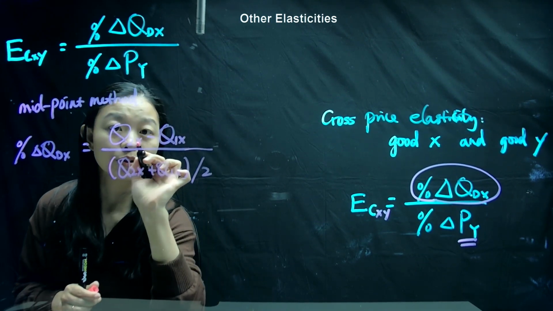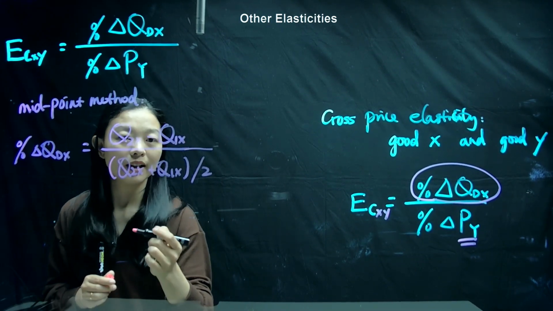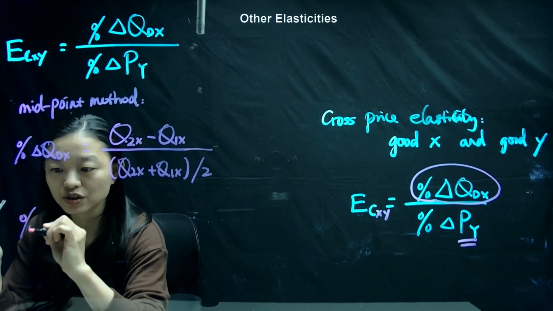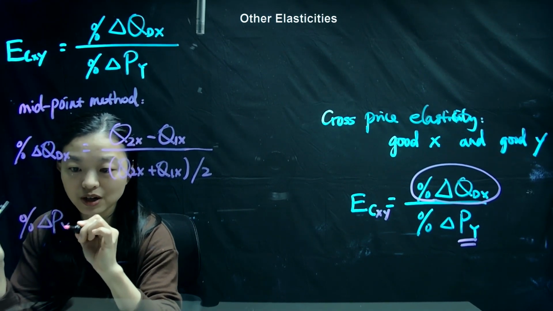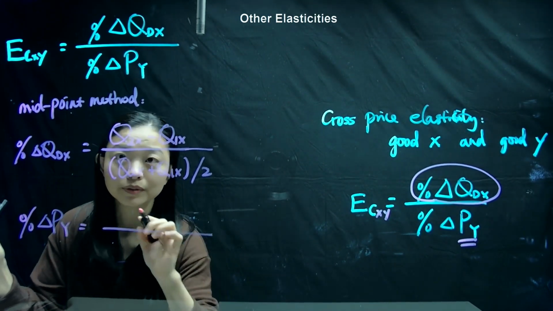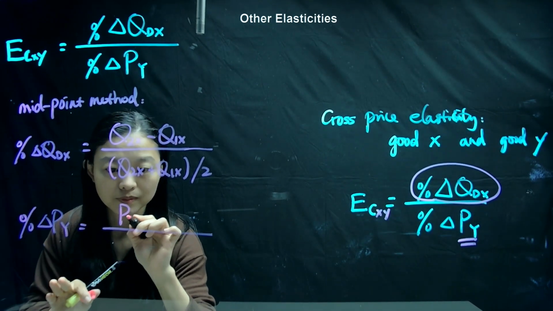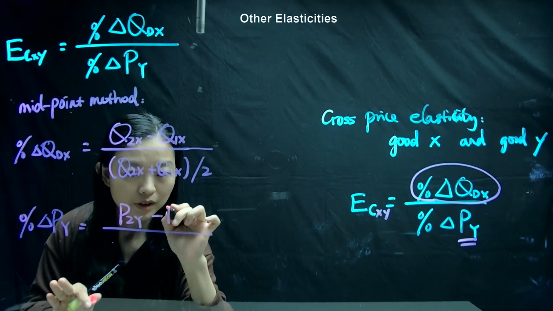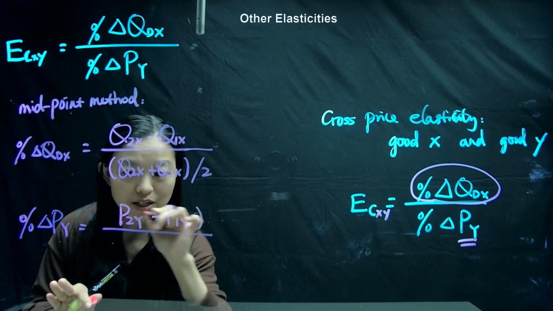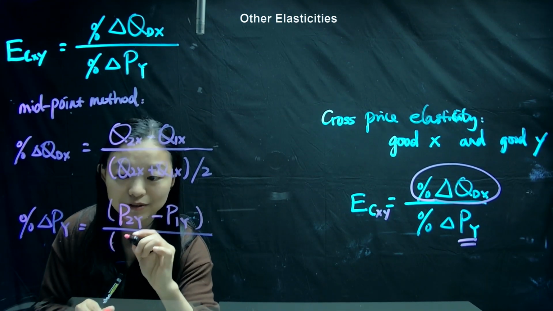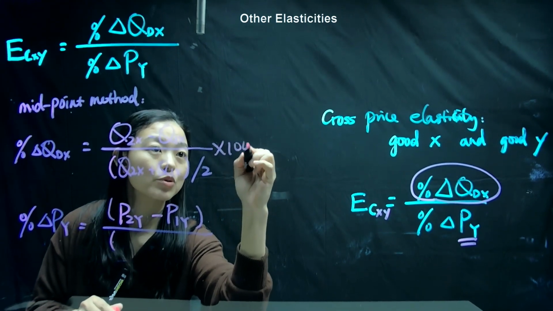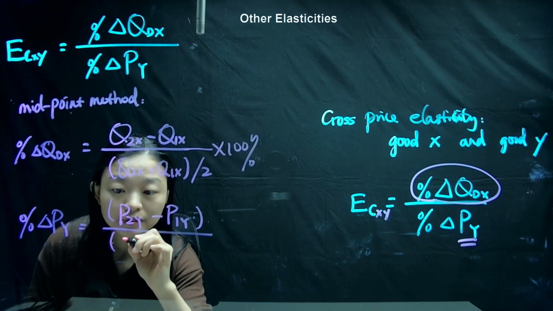X here represents good X. Okay? And the percentage change in the price of good Y will equal the difference in good Y's price divided by the average. Oh, this one should be times 100%.